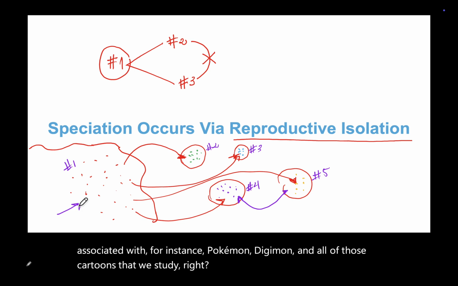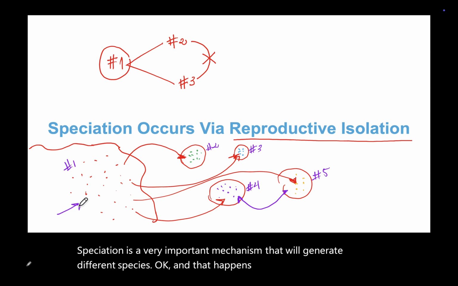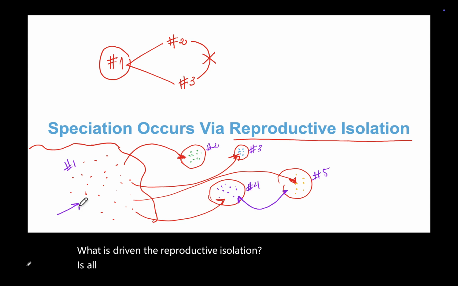Speciation is a very important mechanism that will generate different species, okay? And that happens via reproductive isolation. What drives the reproductive isolation are all those evolutionary mechanisms that we discussed.